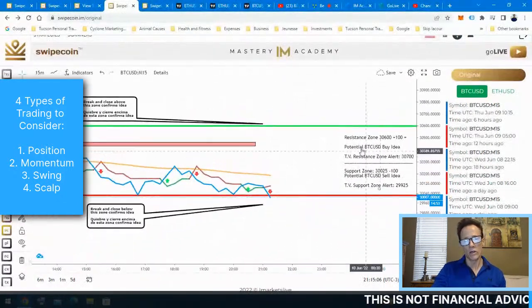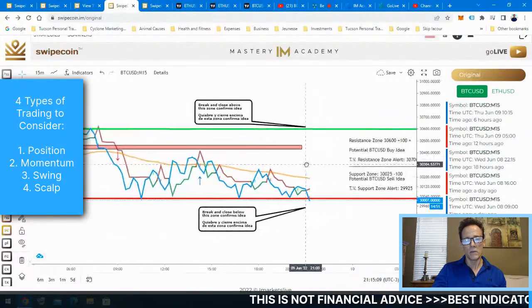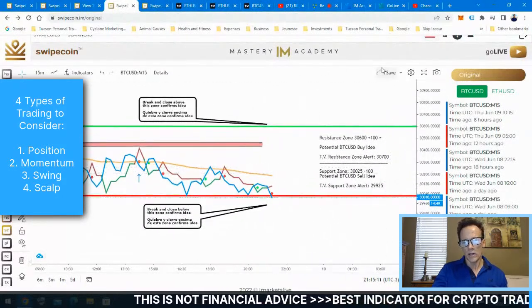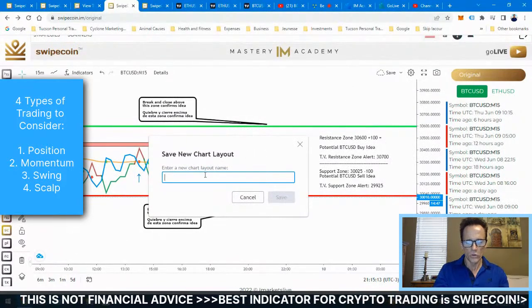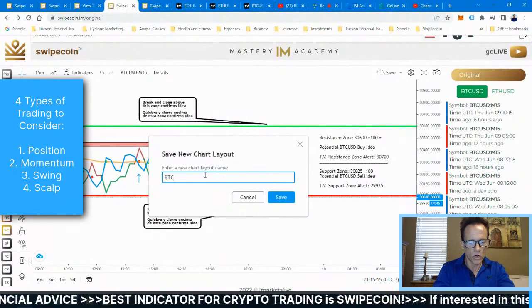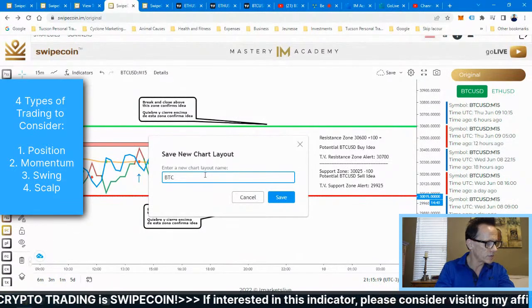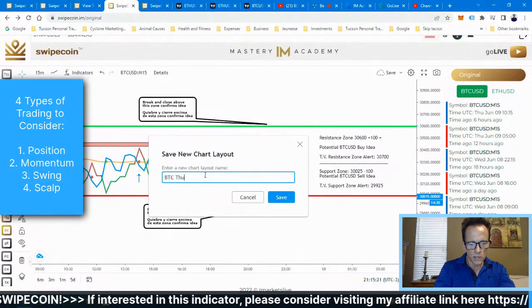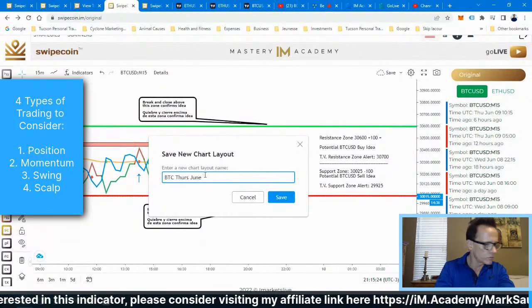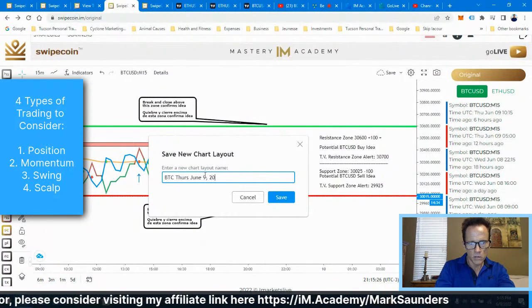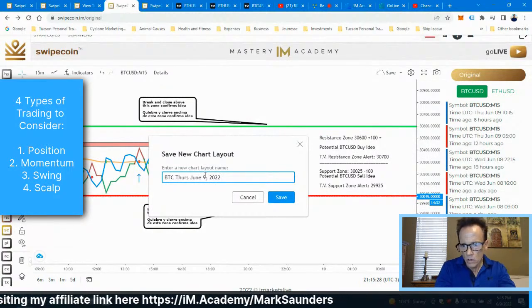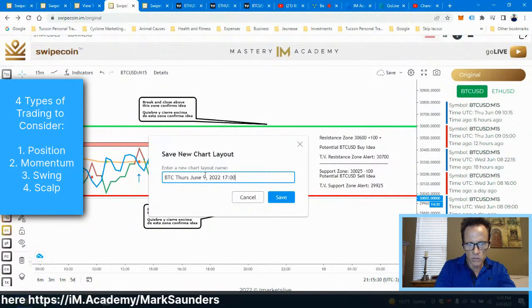I'll come back and we'll look at this chart a little later, maybe in a couple of days. Oh, you know what? You have to save your work. I cannot believe I almost didn't save it. Thursday, June 9, 2022. Started it at 1700.